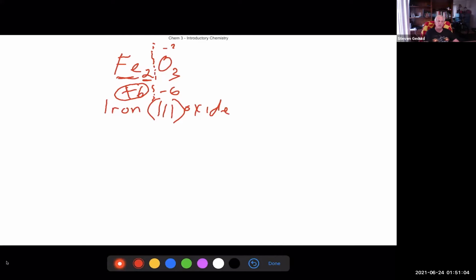So each one has to be +3. So don't just automatically assign it. You got to think it through. Keep the math simple. Think logically through it. So that's how you name ionic compounds, transitional metals, and covalent compounds.